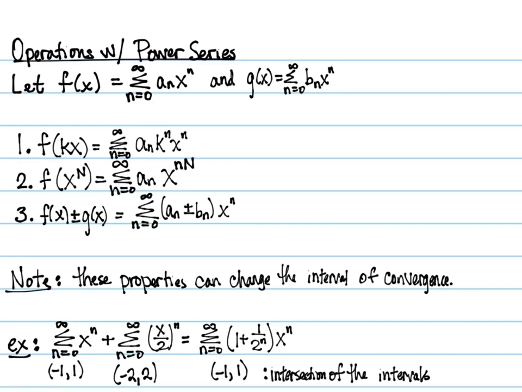Okay, so we're going to try another one, kind of like the one we just did. Same directions with one extra piece, but it's really a part of the directions anyway. From a 4, find a power series and the interval of convergence.